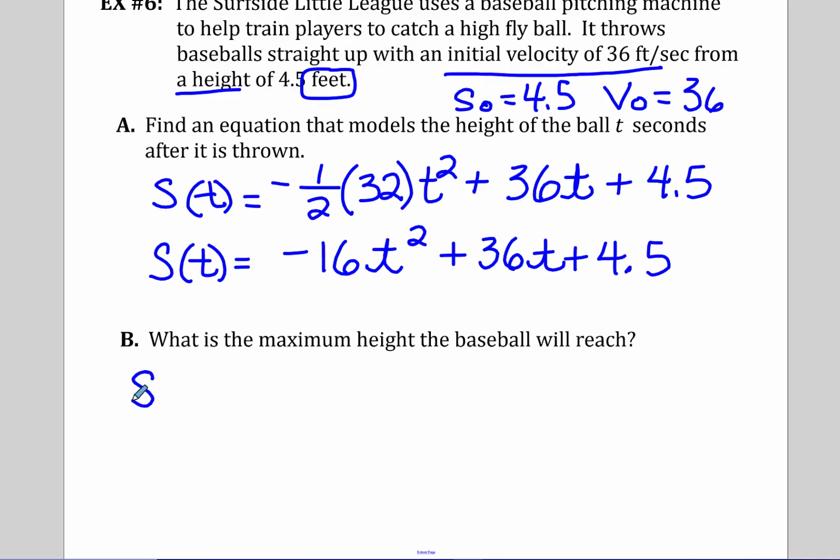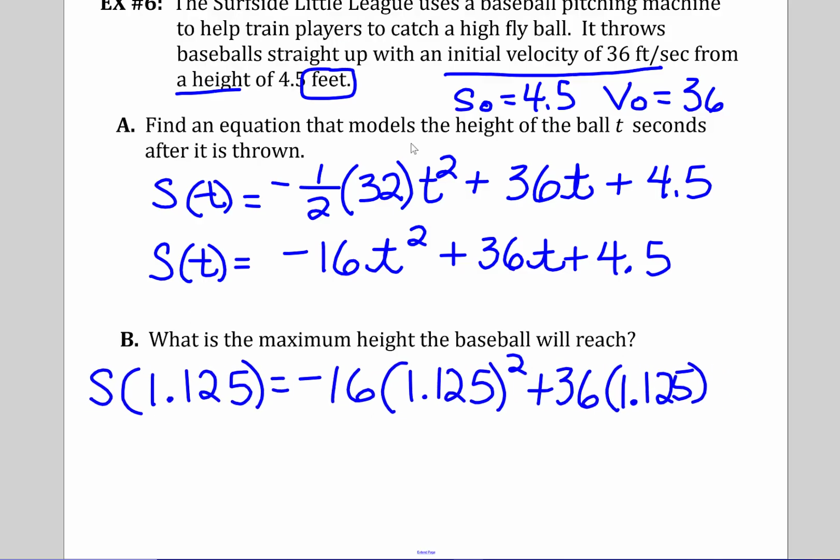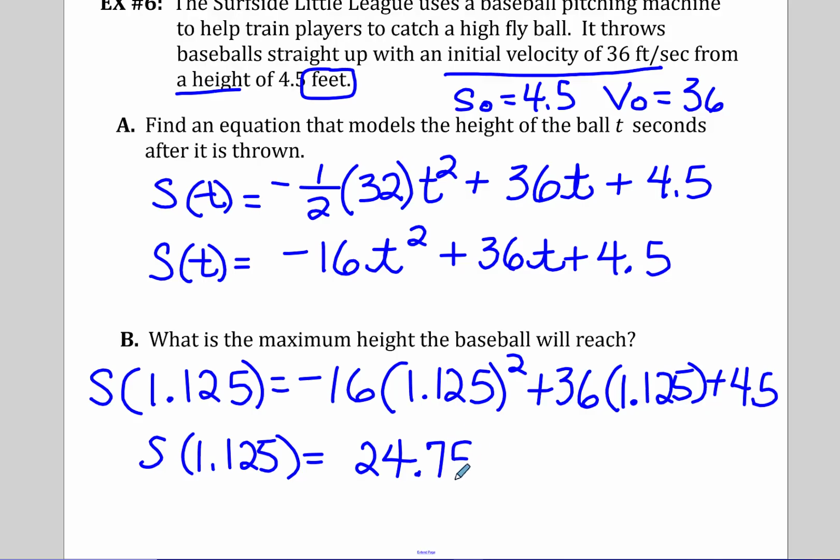So now I can use that to go back to B, and the maximum height of the ball is going to be the position at 1.125. So using your calculator, you want to plug in that time for the axis of symmetry into your equation that models the behavior or the height of the ball at any time, and I got the maximum height was 24 3/4 feet.